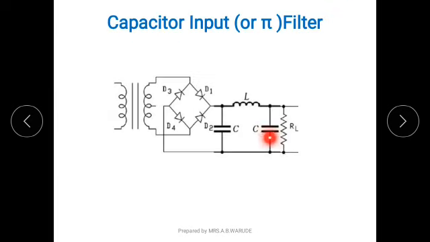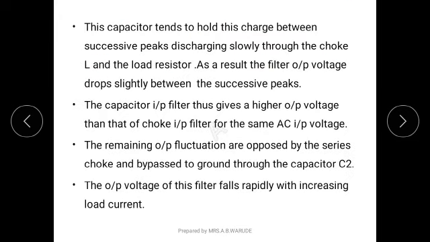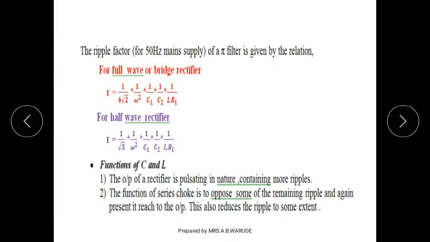In this diagram, this capacitor C2 is connected to ground. The output voltage of this filter falls rapidly with increasing load current. That means if the load current increases, the output voltage of the filter falls rapidly.